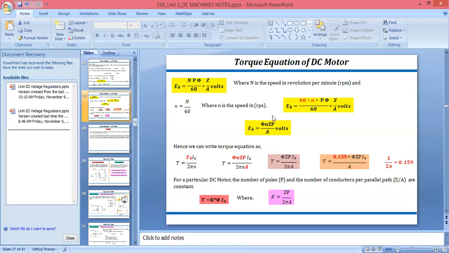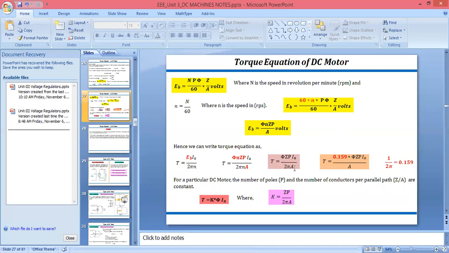Rearranging these equations and putting the value of back EMF in the torque, the final equation, given in purple color, is torque equal to phi Z P into IA upon 2 pi A.